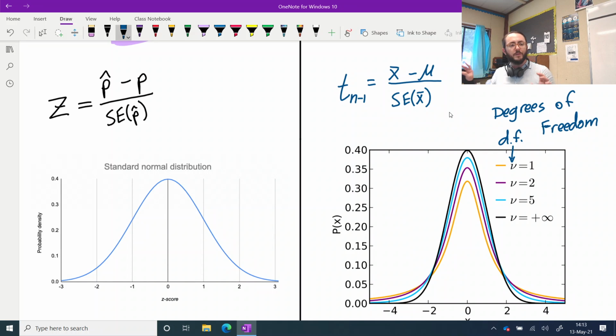Now, degrees of freedom can be a little bit of a difficult concept, but since it's just a function of the sample size, in our case it is n minus 1.